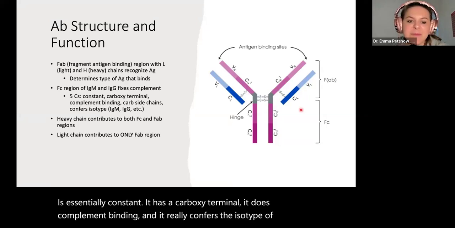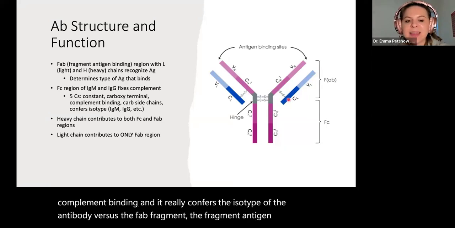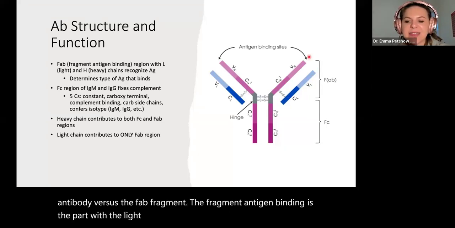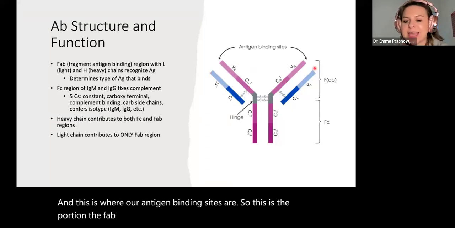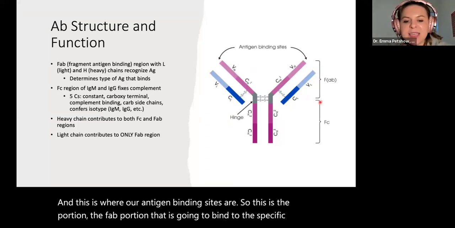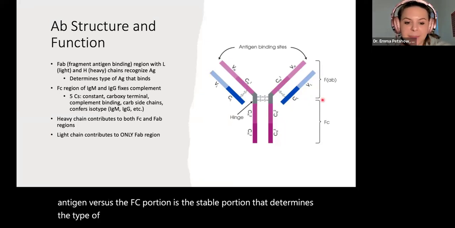Versus the Fab fragment, the fragment antigen binding, is the part with the light chain here and the heavy chain here. And this is where our antigen binding sites are. So the Fab portion is going to bind to the specific antigen, versus the Fc portion is the stable portion that determines the isotype of the antibody.